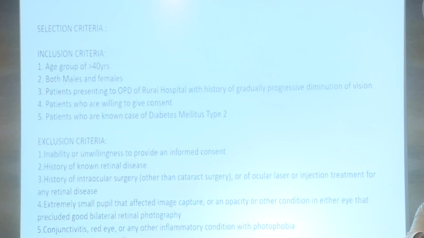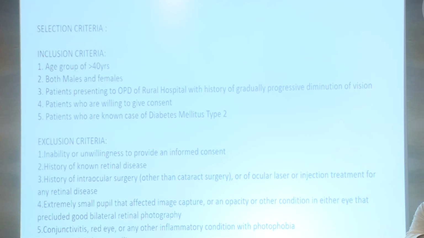Selection criteria includes inclusion criteria: age group of more than 40 years, patients presenting to OPD of rural hospital with history of gradually progressive diminution of vision, both males and females patients who are willing to give consent, and patients who are known cases of diabetes mellitus type 2.